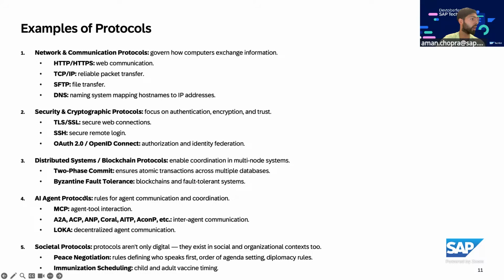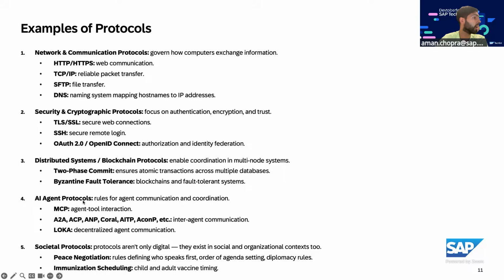In blockchains, we have Byzantine fault tolerance. And then in society, we have these peace negotiation protocols. So let's say you're at the UN, there are some rules that define who's going to speak first, how do you set an agenda and the order of topics to be discussed, any other types of diplomacy rules. In the context of immunization, we also have scheduling protocols so that children and adults know when you should take a vaccine, what the recommended standards around those are.